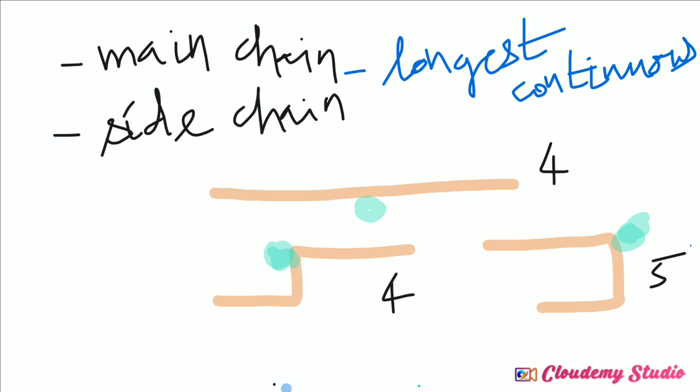So which will be the longest continuous chain? This 5 only will be correct. So in this order we need to select the main chain.